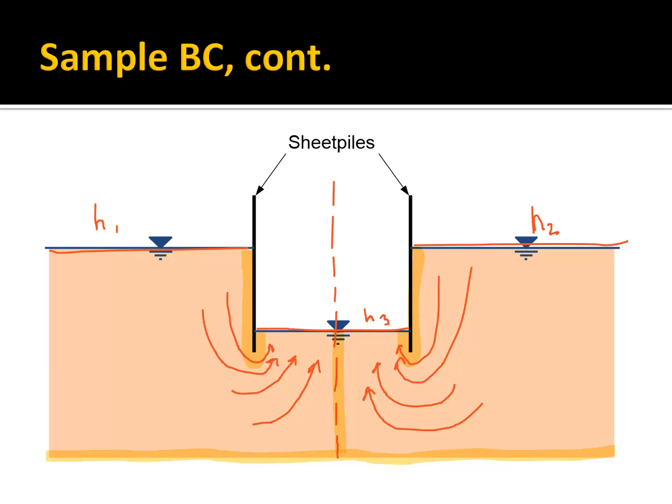Then take your resulting flow rate and multiply it by 2, and there's your solution. Or you could look at the distribution of heads and equipotential lines and copy that and flip it to the other side, and you have a complete solution. So that's actually a really common thing.